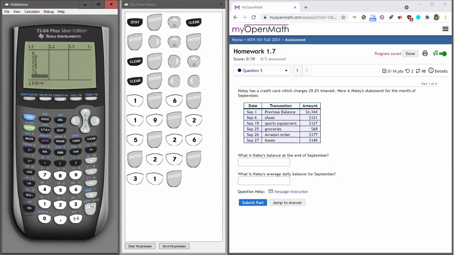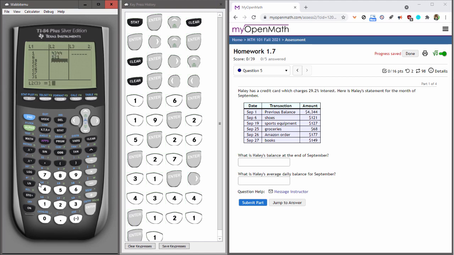Right, and we use that to find the number of days that our last balance lasts. And then our amounts, we start with 43.44, 121, 127, 68, 177, and 149.